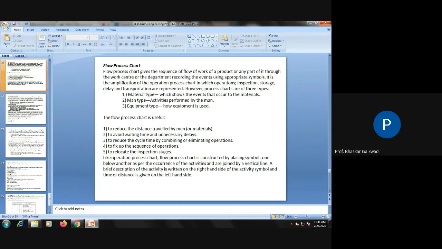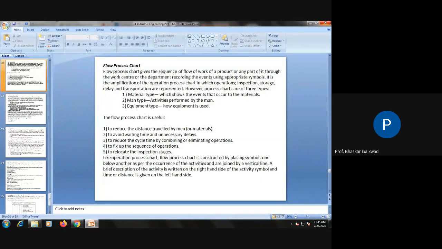Equipment type is related to the equipment, how the verniers, jigs, fixtures, gauges will move from one place to the next place for the inspection process. So these are the three types of charts under the flow process chart. What is actually the use of this flow process chart?